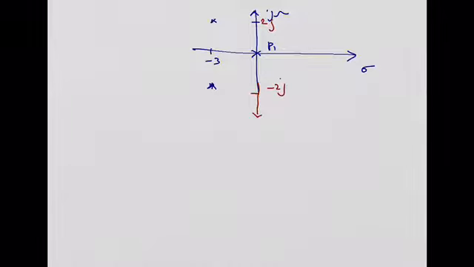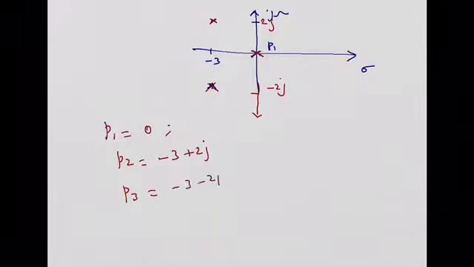So the poles are located, first pole with a cross mark, second pole with a cross mark, and the third pole with a cross mark. Pole 1 is 0, pole 2 is equal to minus 3 plus 2j, and the third pole is minus 3 minus 2j. Those poles are plotted on the s plane.